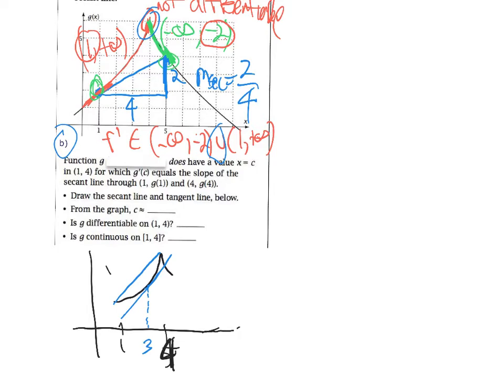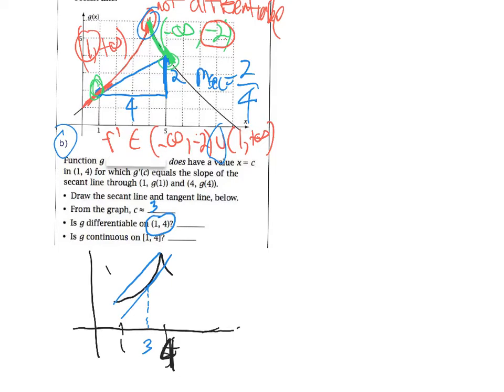So here's a case where if I have an interval that includes a non-differentiable point, then the mean value theorem won't work. But if I have an interval that doesn't include it, then the mean value theorem does apply, right? So from the graph, c looks like it's about 3. Is g differentiable on 1, 4, the open interval?